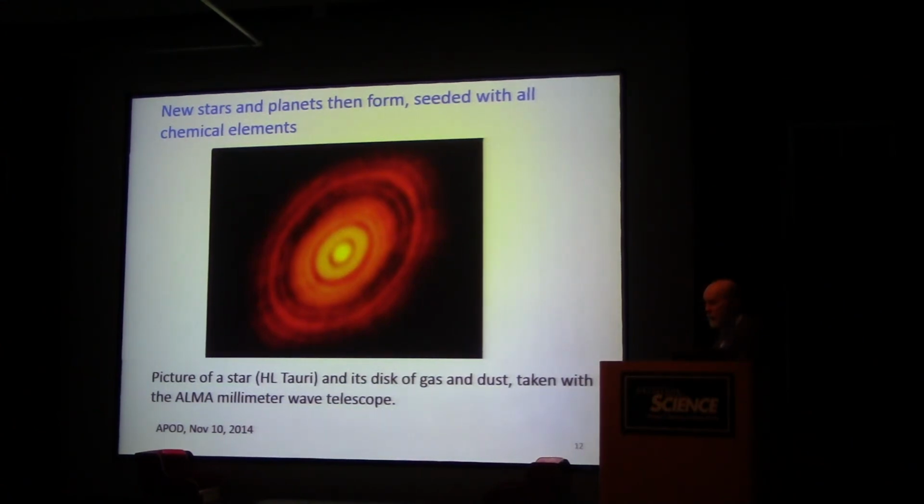This is looking actually at the temperature of dust in another star system. And you can see these dark rings where planets are forming and collecting all the dust from their orbit, with a whole bunch of planets forming. You can try to count the dark spaces yourself.